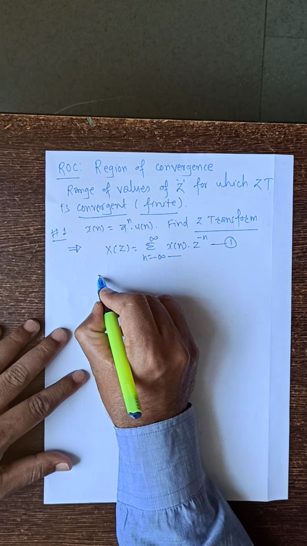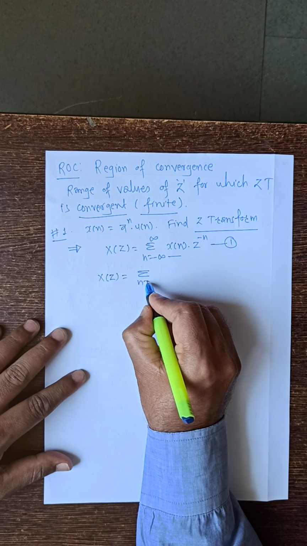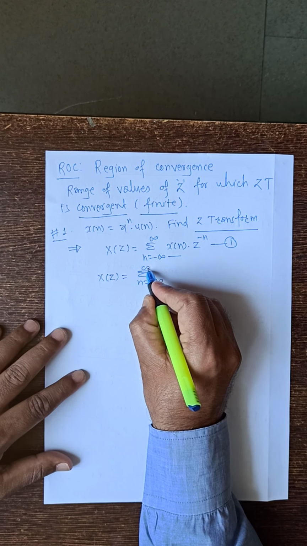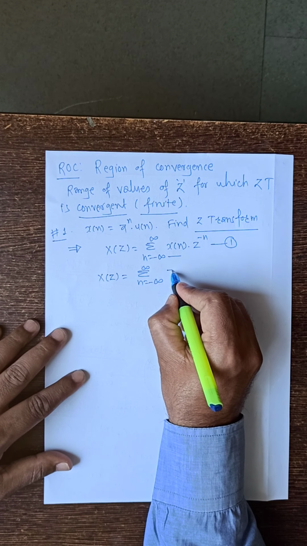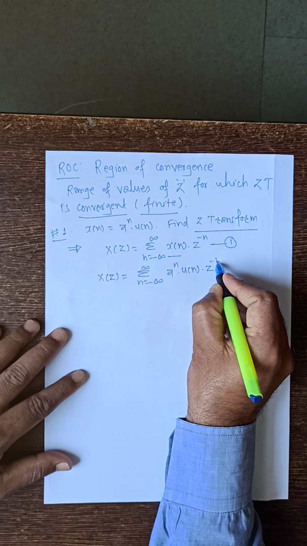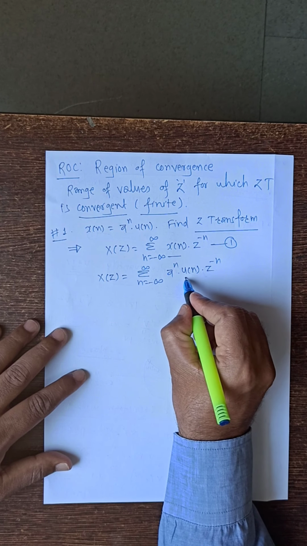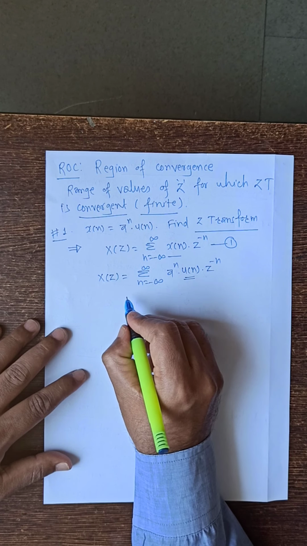Put the value of x[n]: X(z) is equal to summation n equals minus infinity to plus infinity a^n u[n] z^(-n). So from this summation we can remove u[n] by changing the limit.